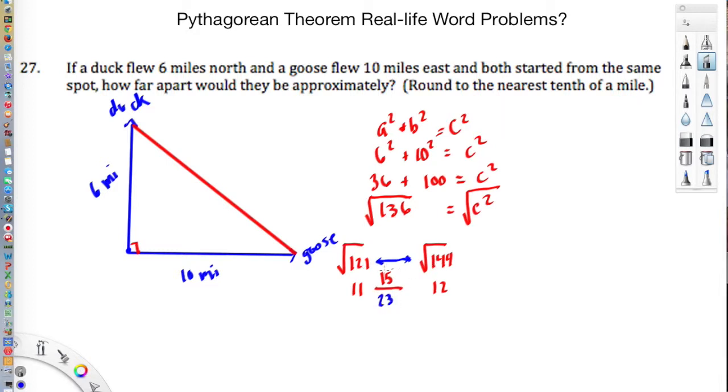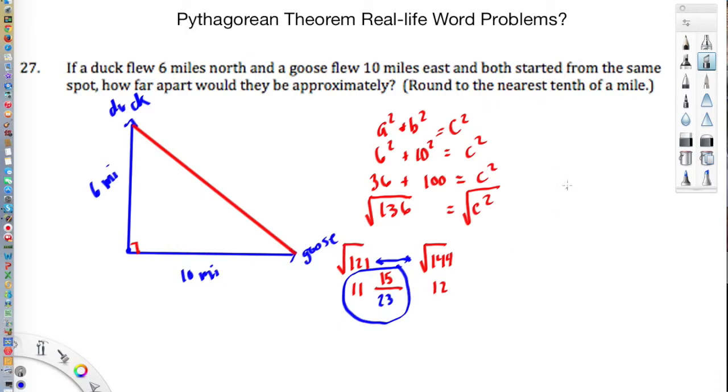Okay, 144 minus 121 is 23. Now, so our answer would be 11 and 15/23 of a mile, but it says round to the nearest tenth.